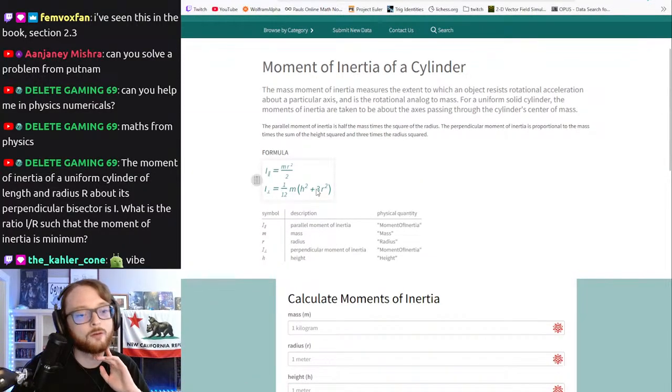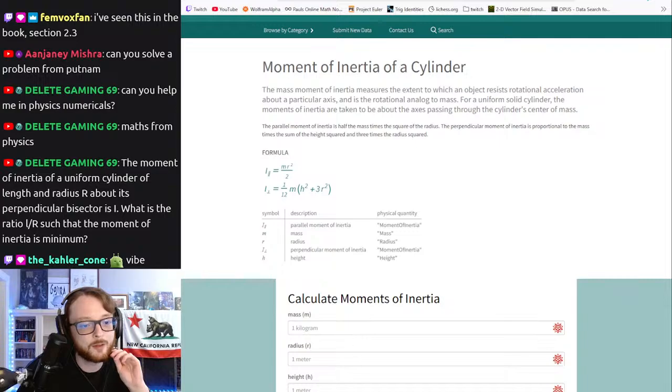So this side is claiming for the perpendicular case that it's 1/12 m h squared plus 3r squared. So I'm just going to use that unless you tell me otherwise. I probably could figure out how to get that.